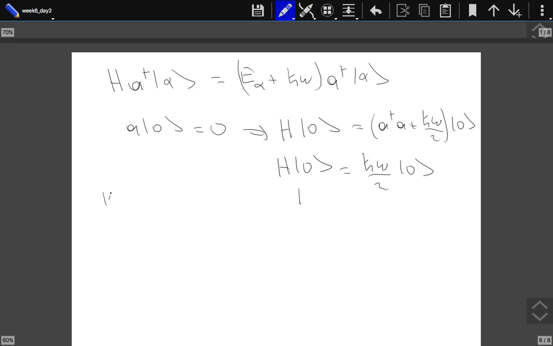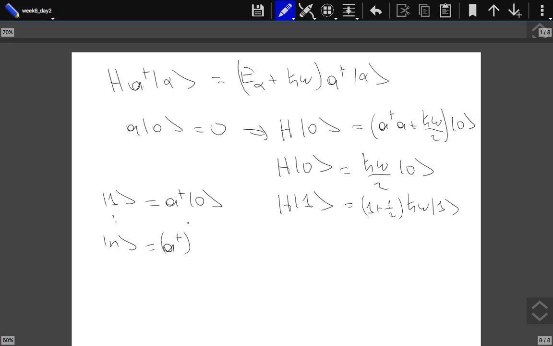Let me define 1 to be A dagger acting on 0. I know that A dagger acting on an energy eigenket increases the energy by H bar omega. So this is 1 plus 1 over 2 H bar omega, times 1. Let me define n by A dagger acting n times.